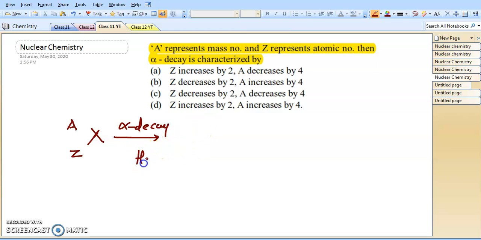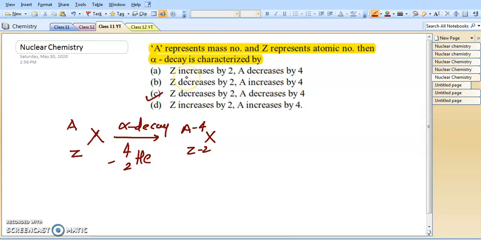He, 2 and 4, it is going out. So the atomic number is reduced by 2 and the mass is reduced by 4. So Z decreases by 2 and A decreases by 4. So C is the correct option.